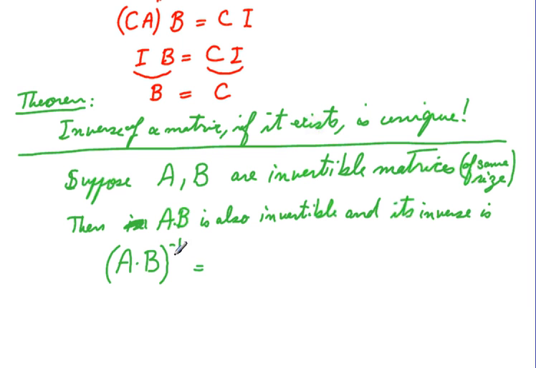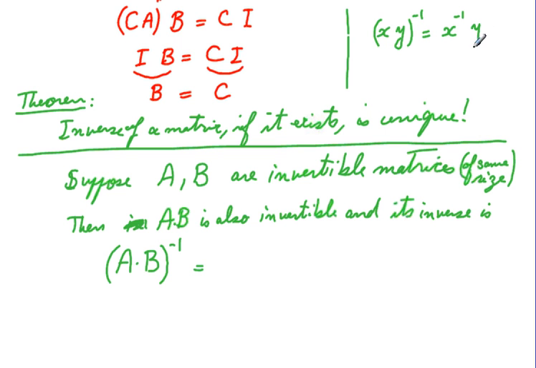So how do you think we can cook up the inverse from the individual inverses of these two guys? What should I do? In basic algebra, if you have a number and another number, both of them non-zero, if you want to raise the product to the power of -1, what can you do there? How can you bring that exponent to individual numbers?